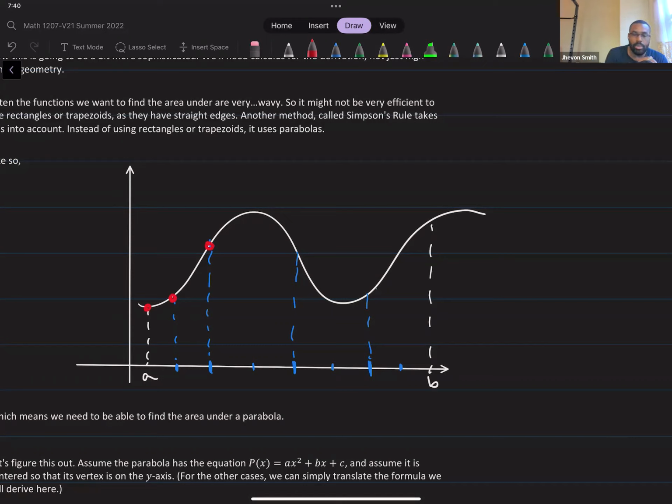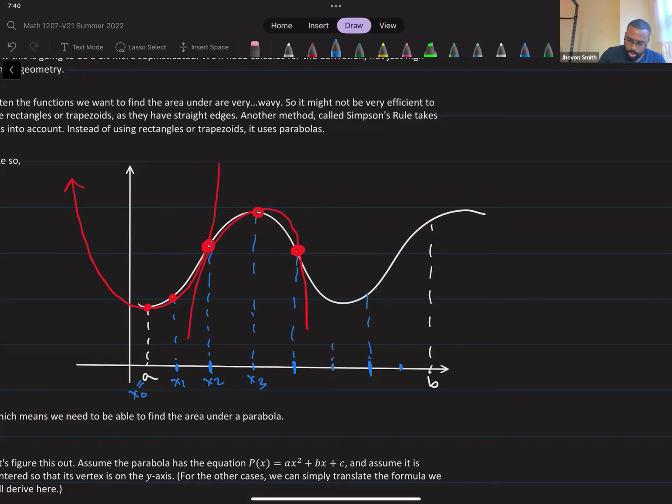So this is going to be your x0, your x1, your x2, x3, and so on. But now what we can do is construct a parabola that passes through that. And then you do the same thing here. So you have this point, that point, and then you construct a parabola that passes through that.